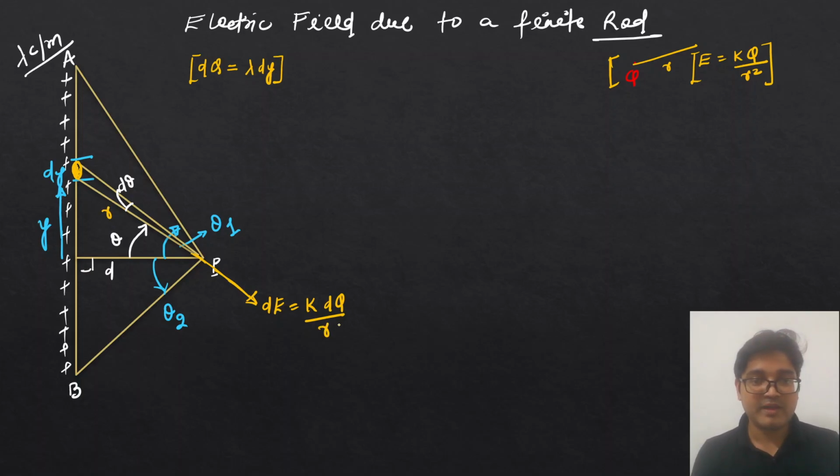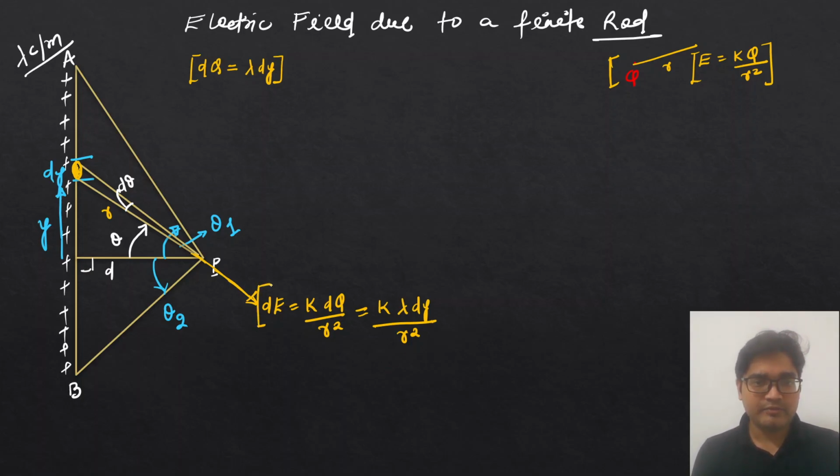So k dq by r square. Now put the value of dq, which will be lambda into dy upon r square. So the value of dE here is k lambda dy by r square.